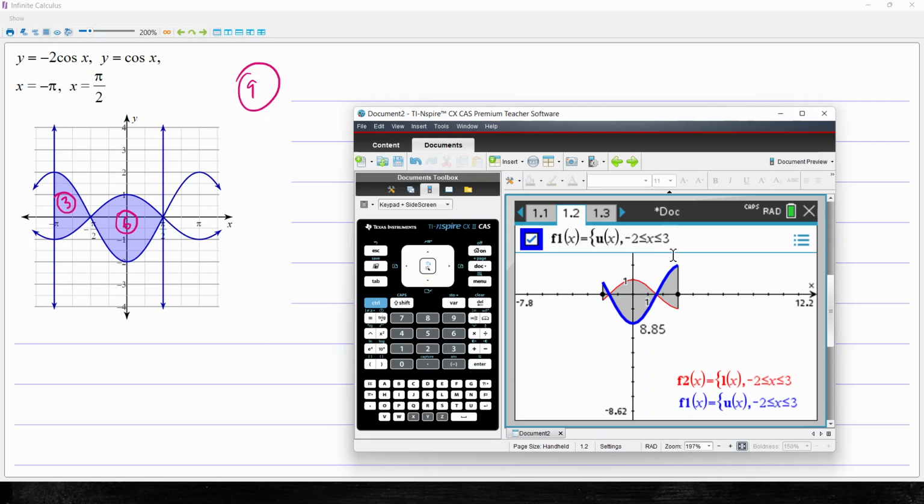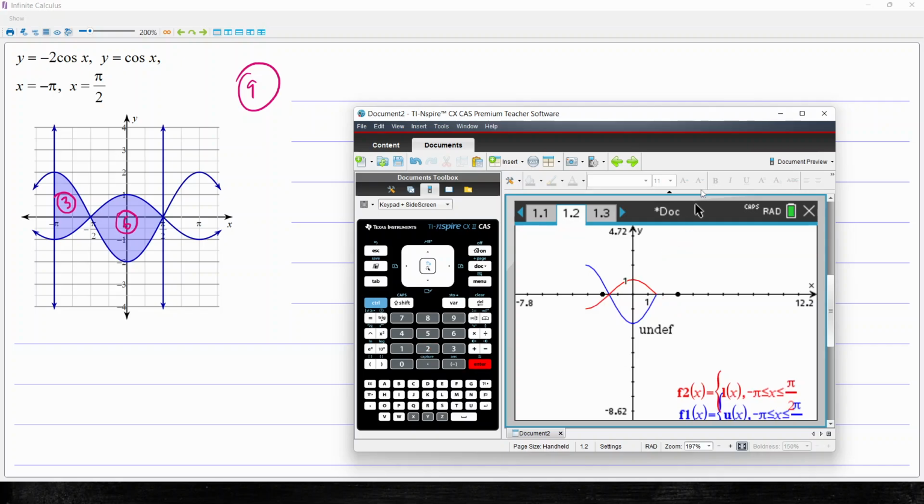The upper graph is from -pi to pi/2, and the lower graph, which is also negative pi to pi over 2. And this time it looks perfect.